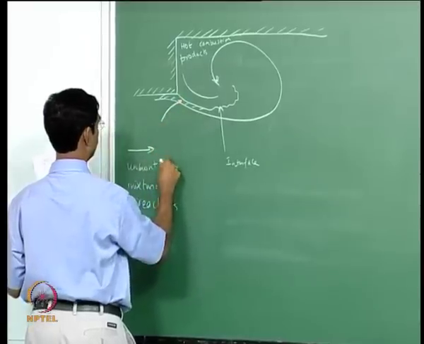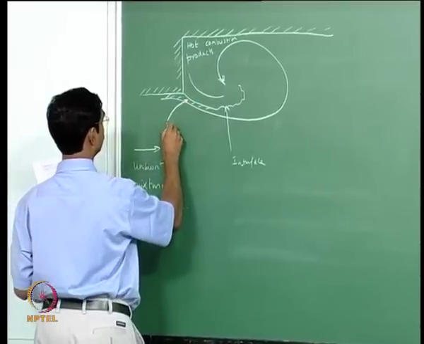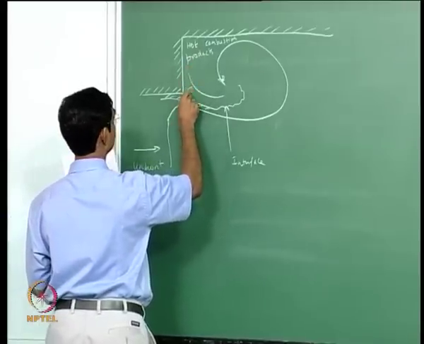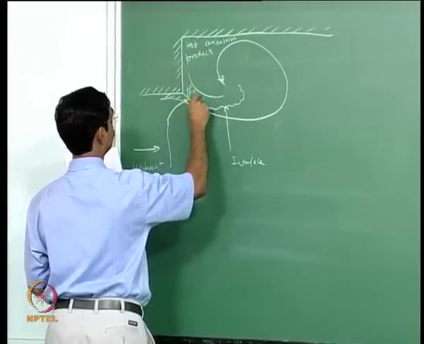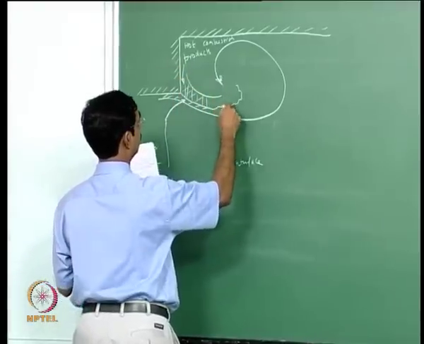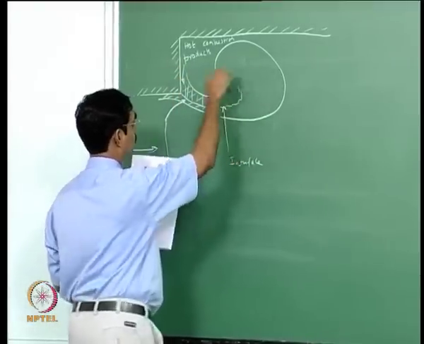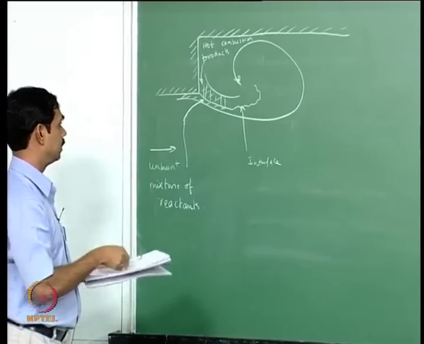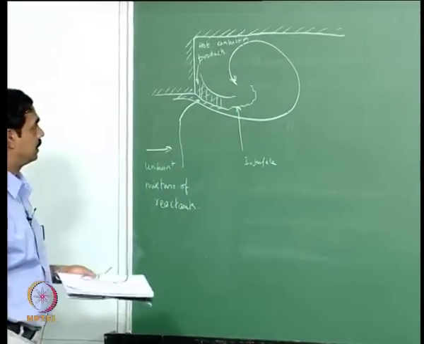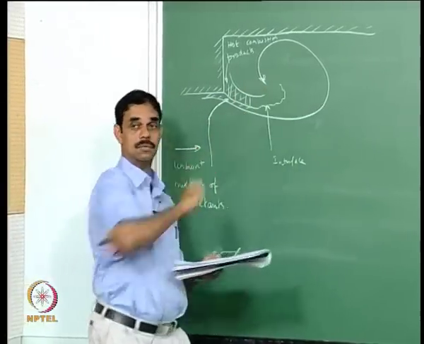So this unburned mixture of reactants will try to get in this way, and the hot combustion products are trying to come in here, and then there will be an interface, and then you will have a pool of mixture which can actually burn in this vortex.